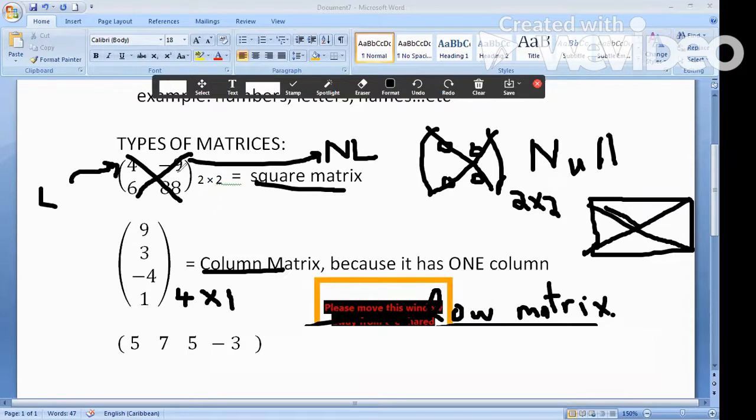The other diagonal is called the non-leading diagonal, so this is the leading diagonal, and this one is the non-leading diagonal: 6 and -9. Any questions so far?